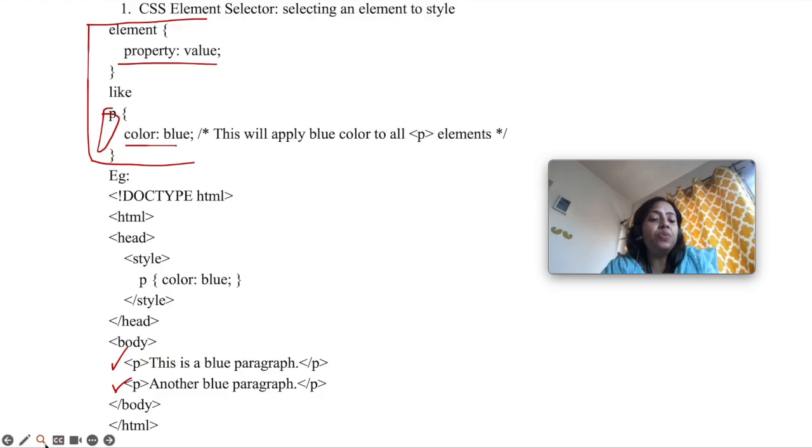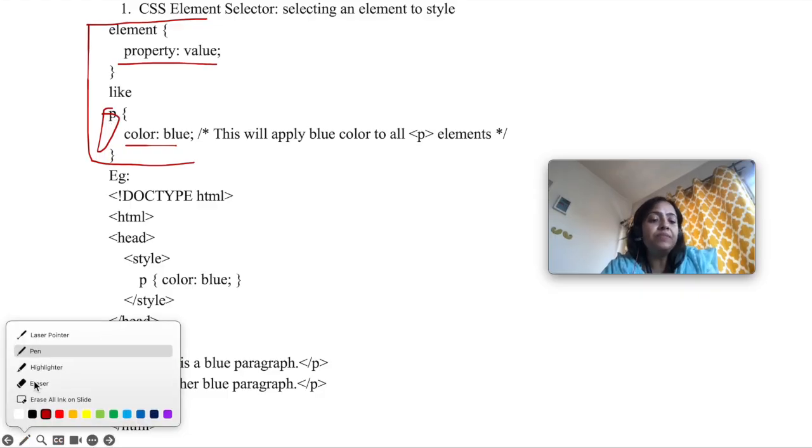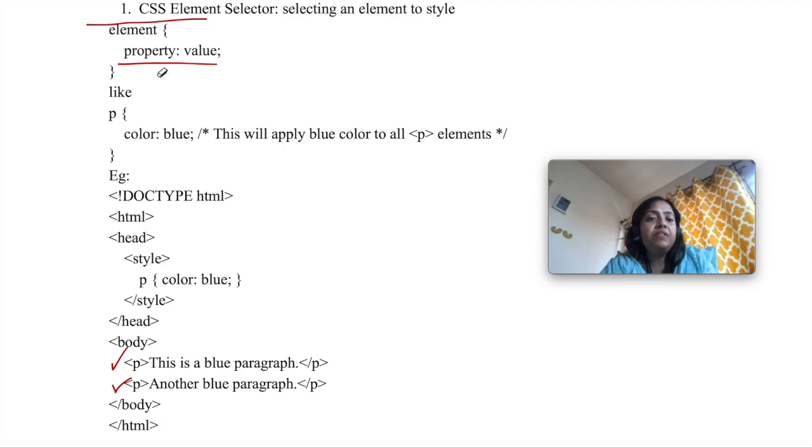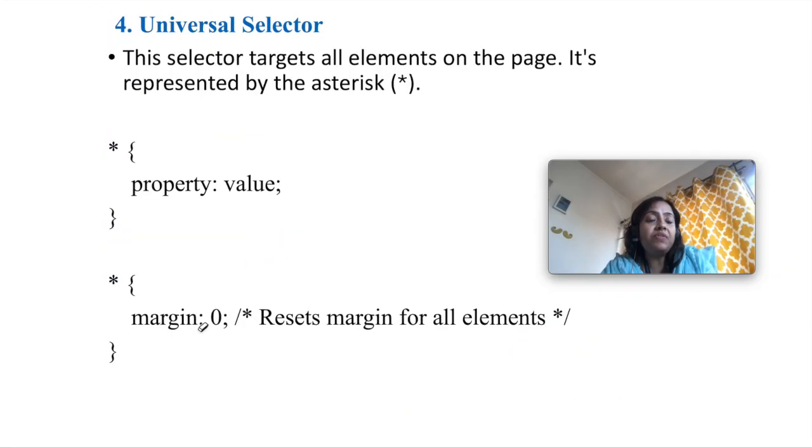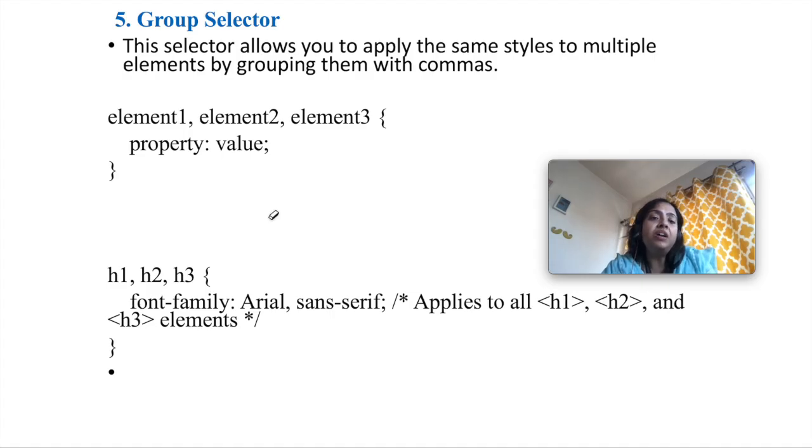We have mentioned only one tag here. What is that tag name? That is P. But suppose now you say that I want to apply the style, that is color blue, not only to the P tag but to some other tags also. What is the better option that we have got here? We have got our group selector.